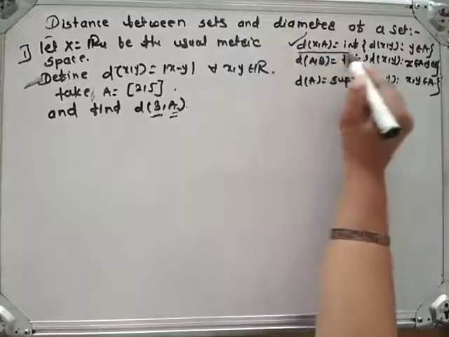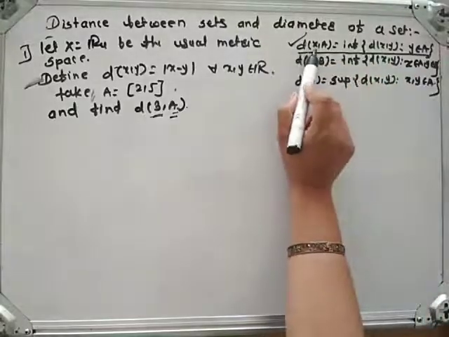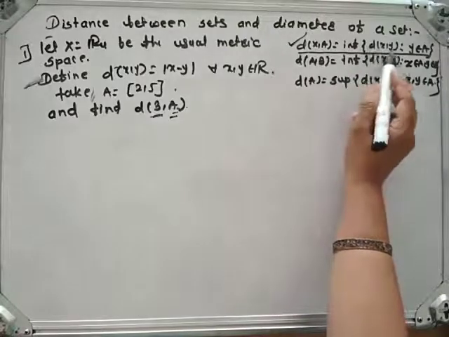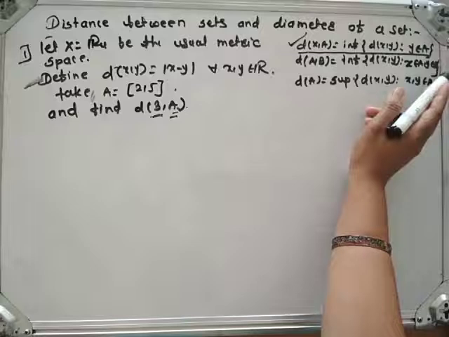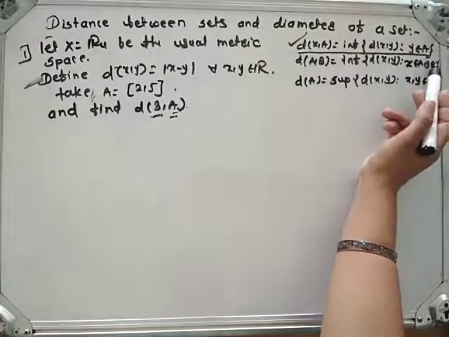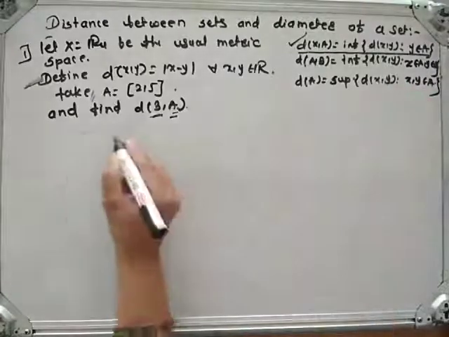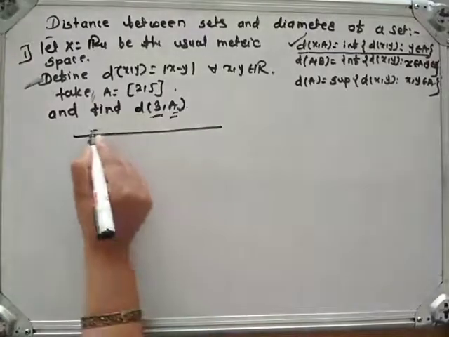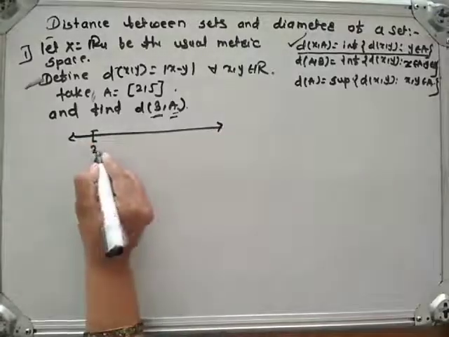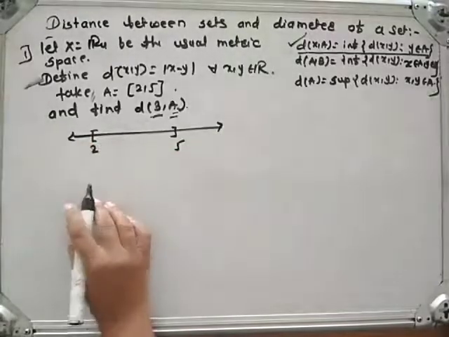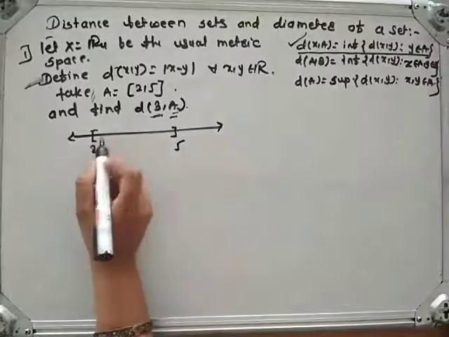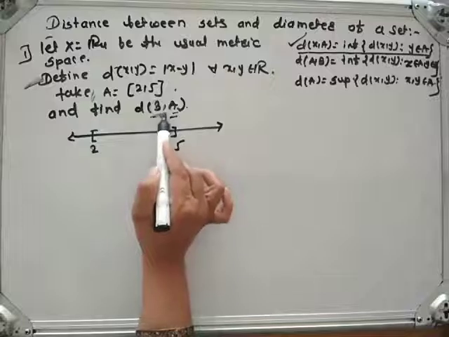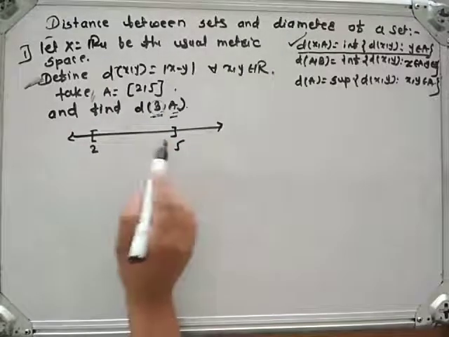See here, what is the definition? The distance of a point x from A is nothing but inf{d(x, y) : y belongs to A}. Suppose this is our real line, in which this is the interval [2, 5], and we have to find the distance of 3 from the interval.